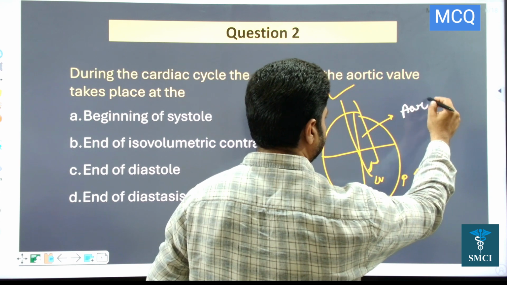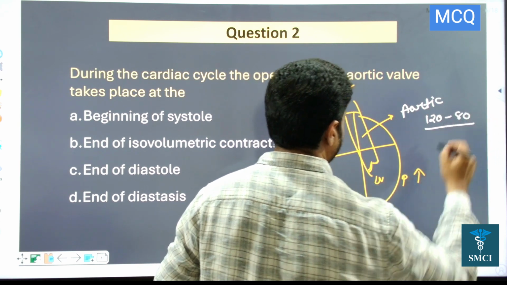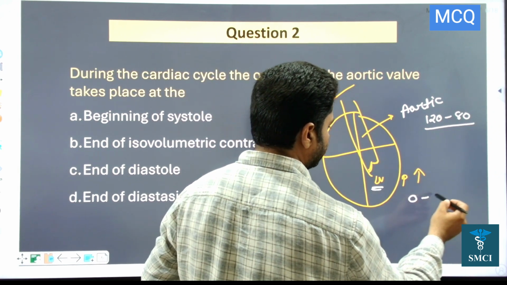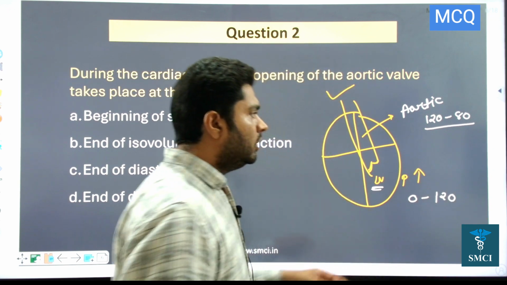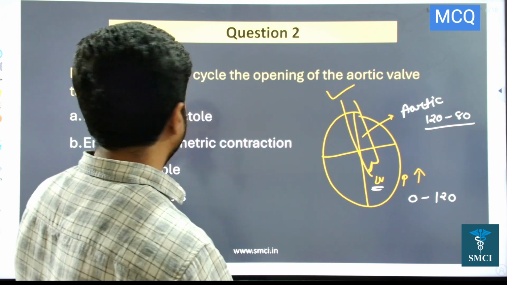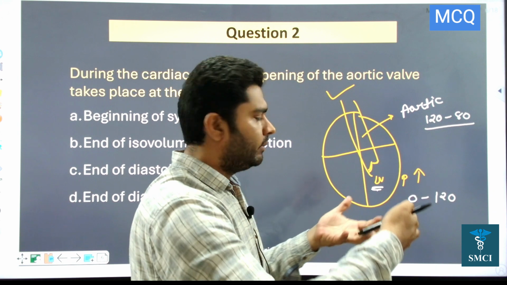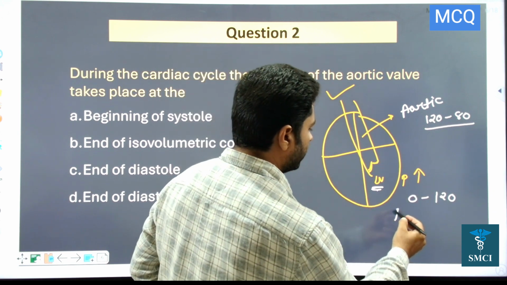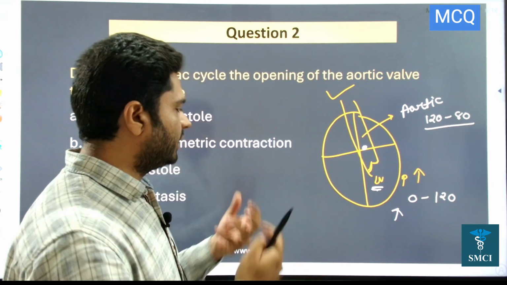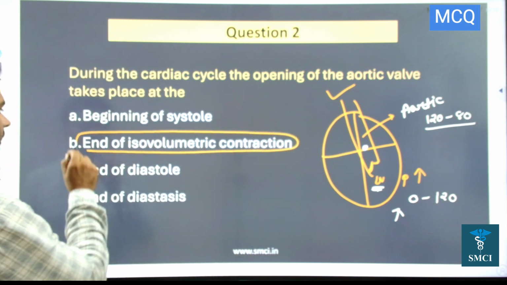The aortic pressure fluctuates between 120 and 80 in a normal healthy person, while the left ventricular pressure can go from 0 to 120 or 130. When the aortic semilunar valve opens, the left ventricular pressure is more than the aortic pressure, so it is at the end of the isovolumetric contraction.